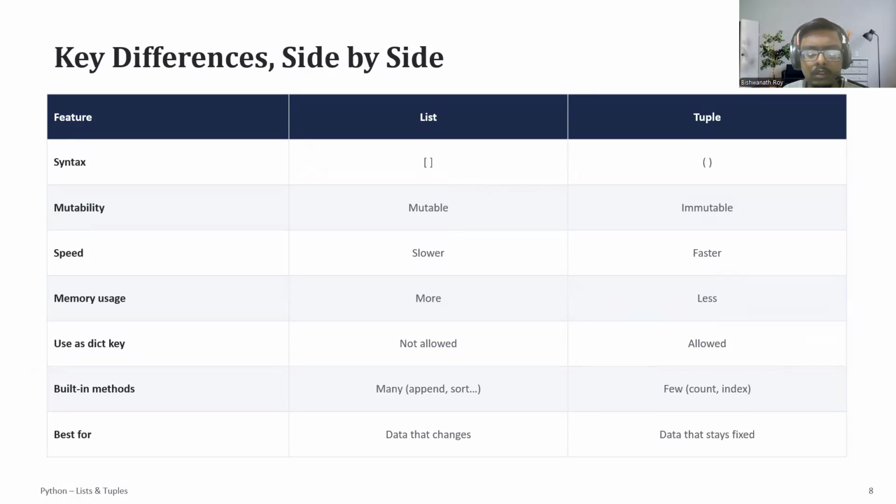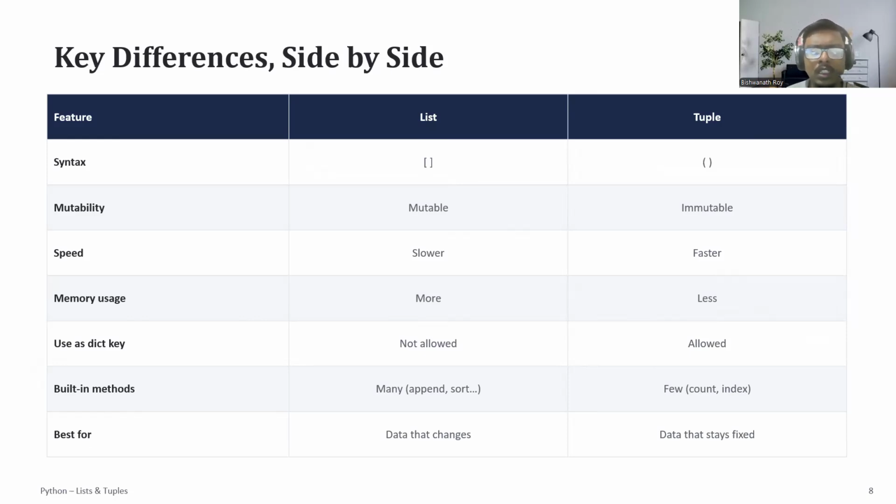Why? Because we know a list can be modified and a tuple cannot, so a list will have larger memory use and a tuple less. When more memory is consumed, operations take more time. Therefore, tuples are faster and lists are slower.